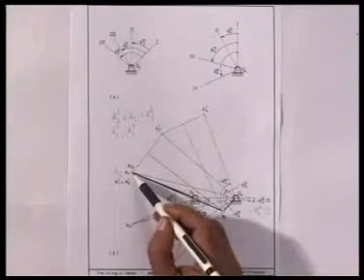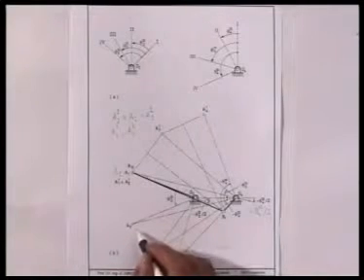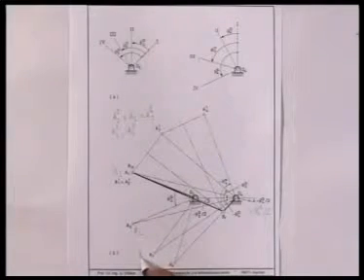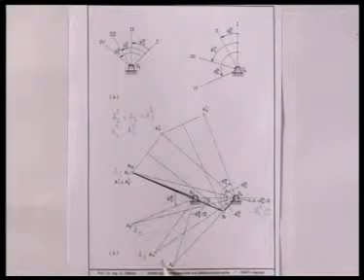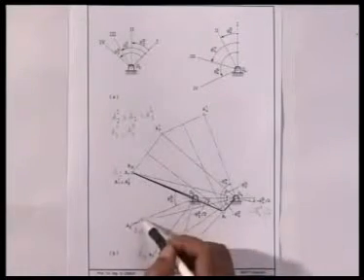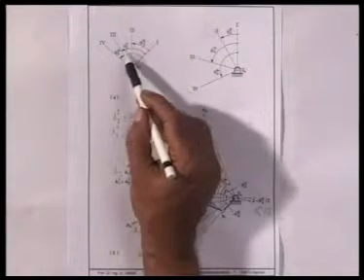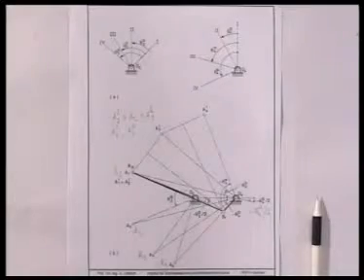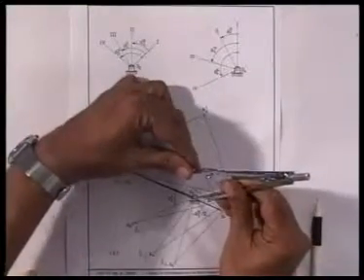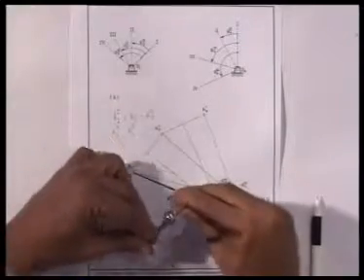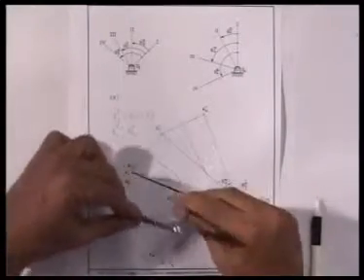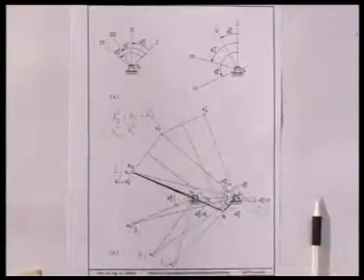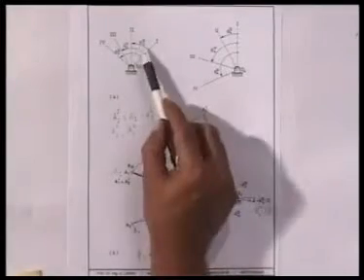Now, once this is the choice of A1, I can determine A2 and A3 and A4 by rotating O2A by theta 212 and then theta 213 and theta 214. These are prescribed. So, I rotate O2A about O2. So, A lies on this circle, and the angle between O2A1 and O2A2 should be theta 212.